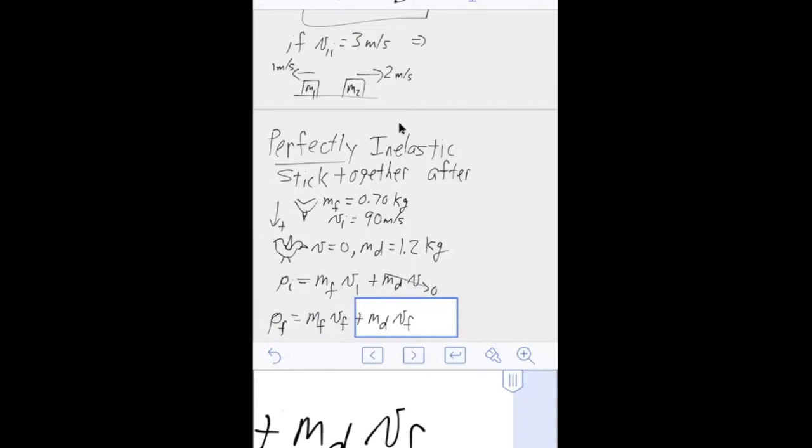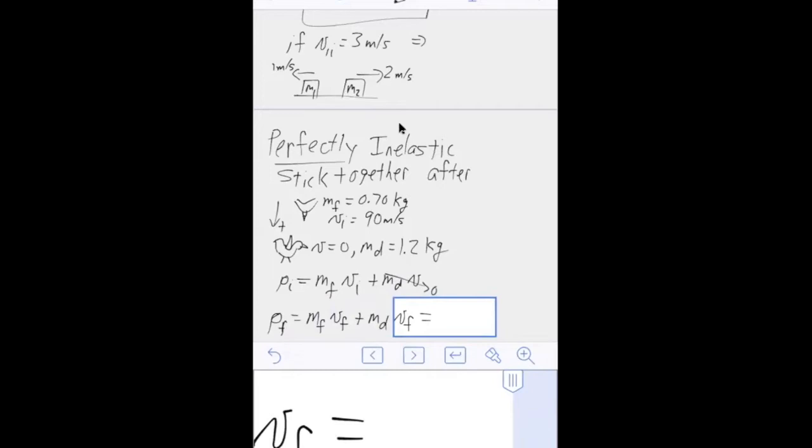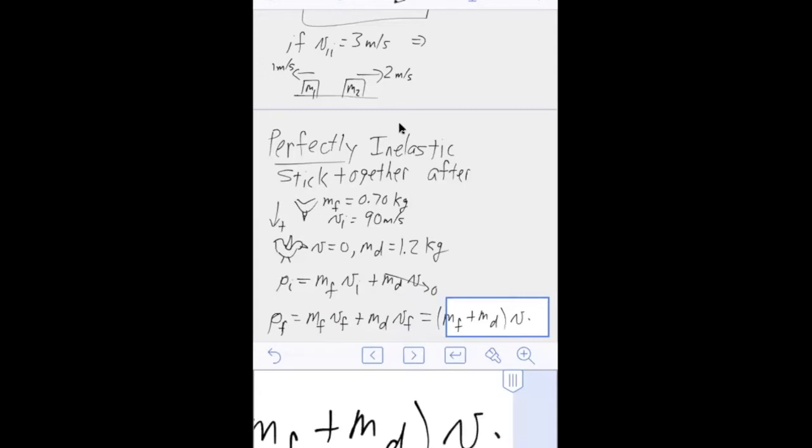You could say I've got two objects that both have the same final velocity, or you could treat it as a single object. If we were looking at this, we would just see a mass of feathers. So you would see an object that has the combined masses, mass of falcon plus mass of duck, times the final velocity.